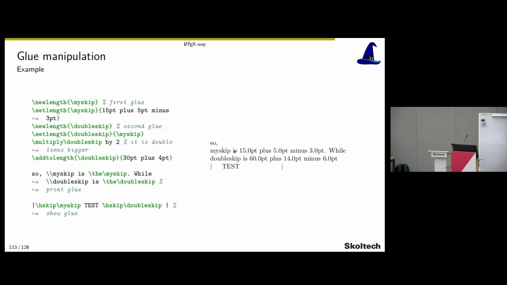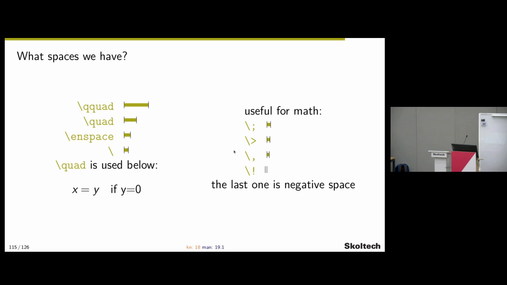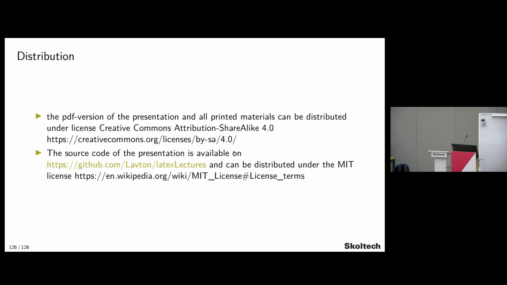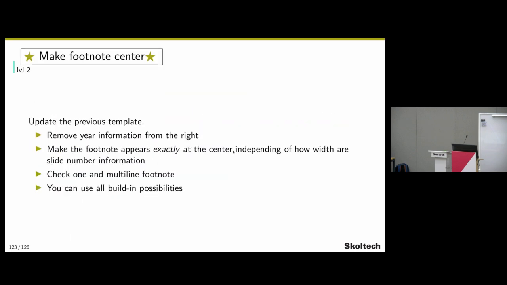To make something in level 2, the most contradictory part is how to compensate the asymmetry between things that happened before the box and after.